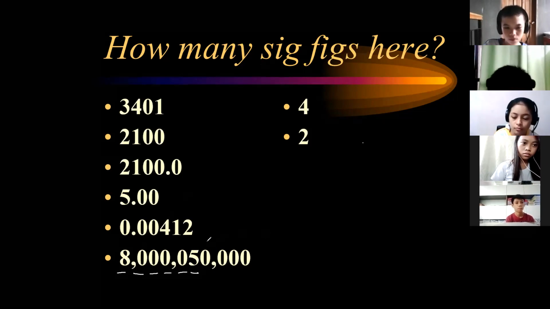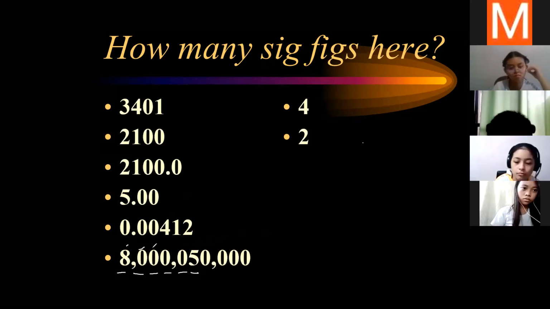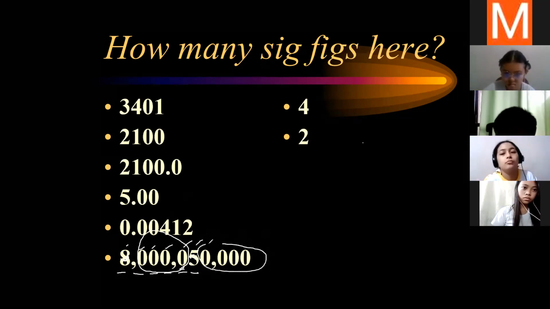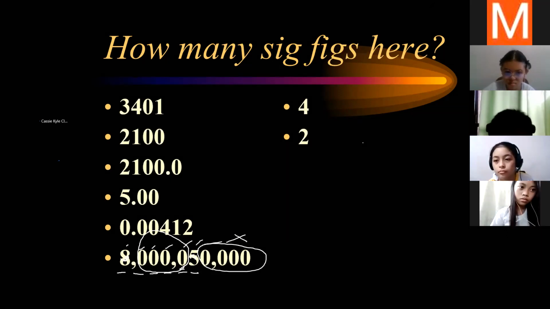These are the only significant digits here. So we have 1, 2, 3, 4, 5, 6. 8 and 5 are significant. Zeros in between significant figures are significant, making it 6, whereas trailing zeros are insignificant unless there is a decimal point.